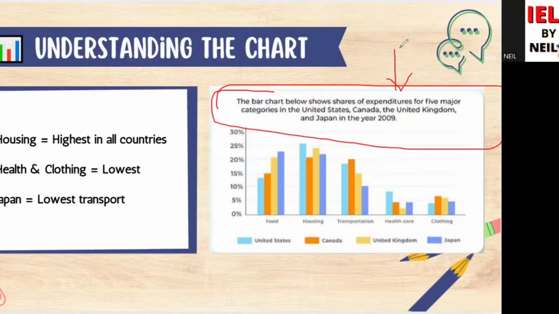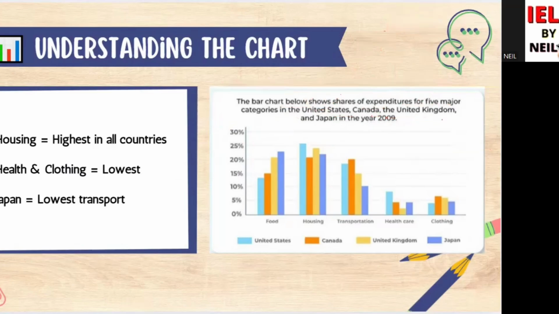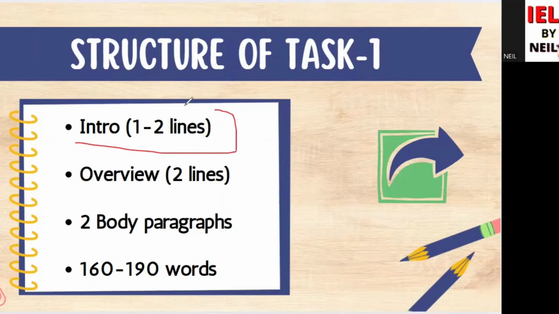What does paraphrase mean? We write another statement which means exactly the same, but we use different words. For example, for "the bar chart below shows," we can use illustrate, demonstrate, depict. So we change the words as much as we can to paraphrase the statement. Going back to the structure, the introduction is nothing but a paraphrase of the question statement.